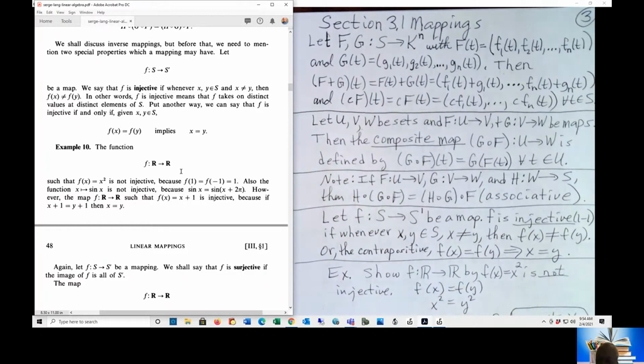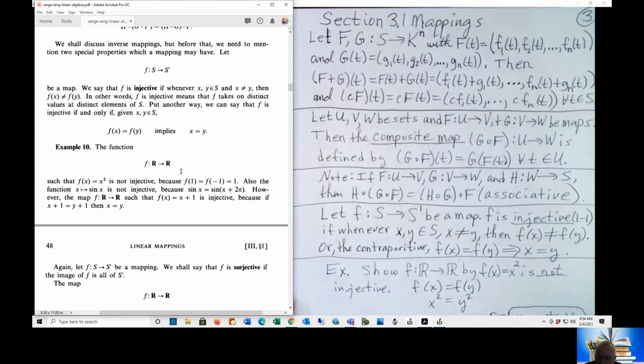The map F is injective, or one-to-one, if whenever x and y are elements in S with x not equal to y, then f of x is not equal to f of y. Or what we normally use is the contrapositive of that definition, namely, a map F is one-to-one, or injective, whenever f of x equals f of y implies that x equals y.